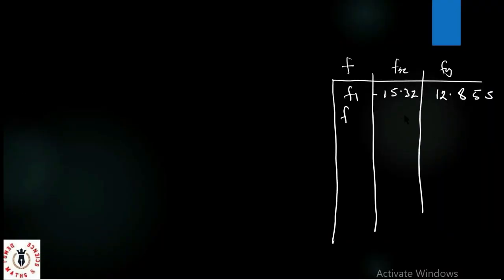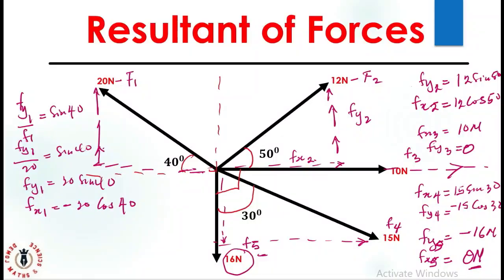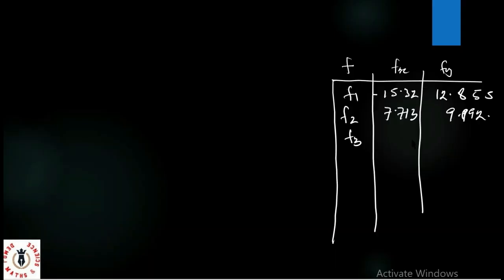That is, the x component is the same thing as 7.713, and the y component is the same thing as 9.192. Now, next is F3. For my F3, I only have an x component, which is 10 Newton. That is straightforward. That's 10 Newton, and here is 0.